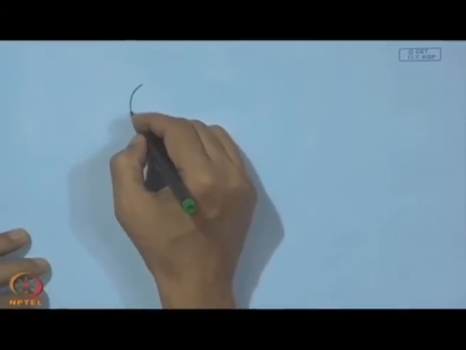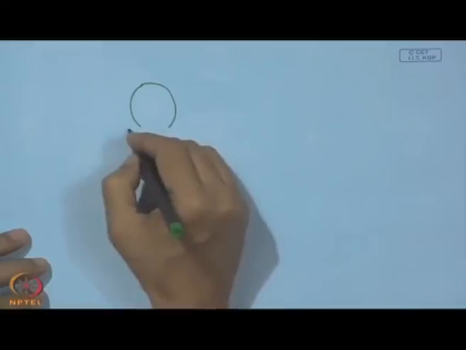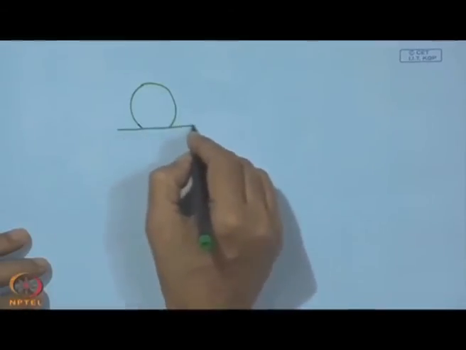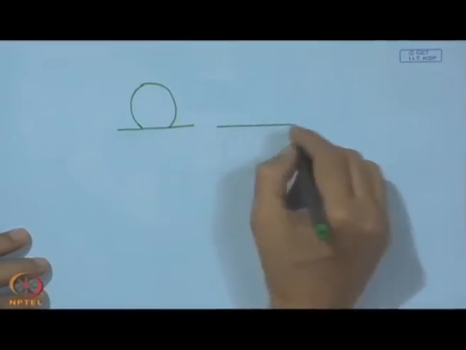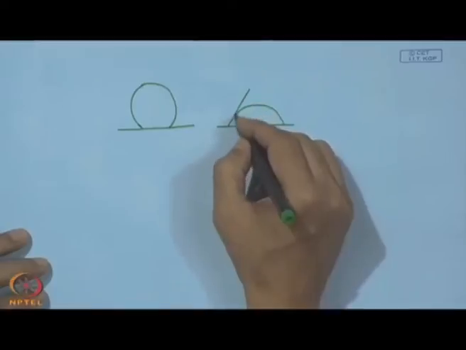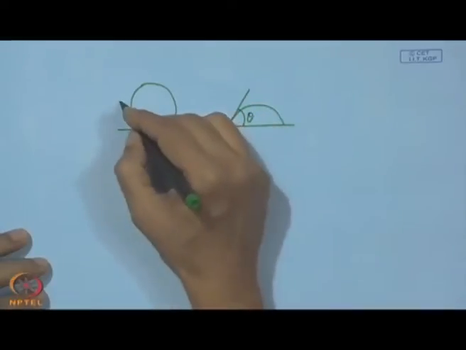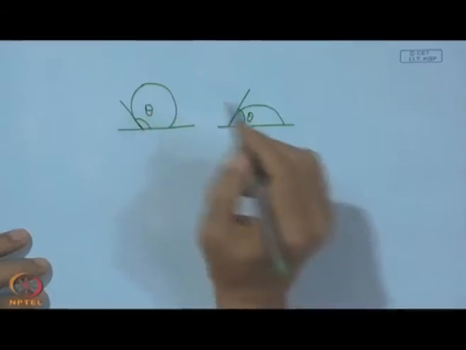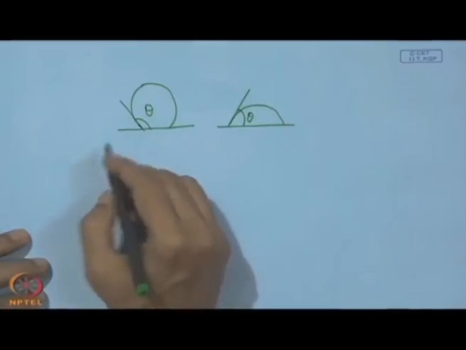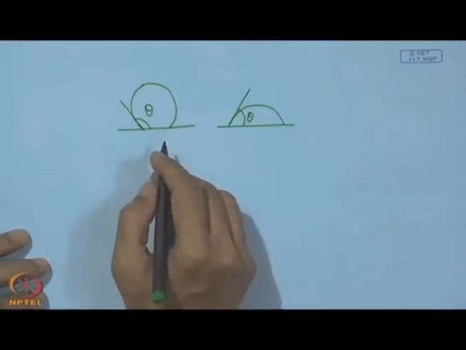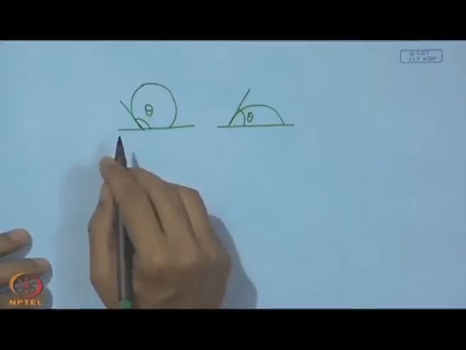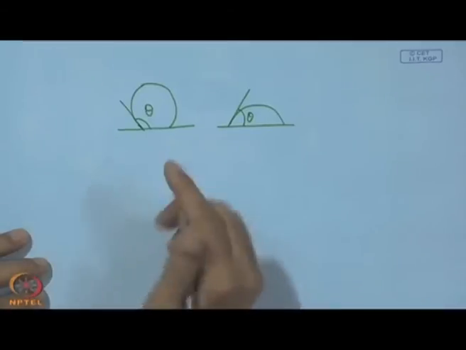Now, this work of adhesion means that when we create this interface, which is having a contact angle which may be obtuse, or we can have a contact angle which may also be acute, the main thing here is that if we would like to break this interface, then a certain change in free energy will take place.